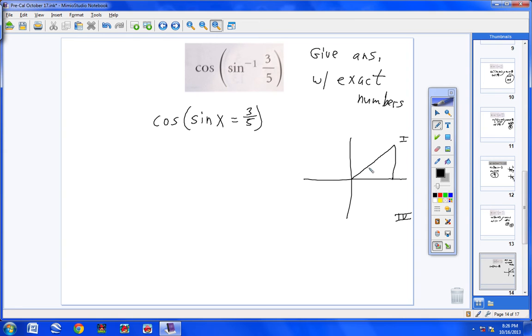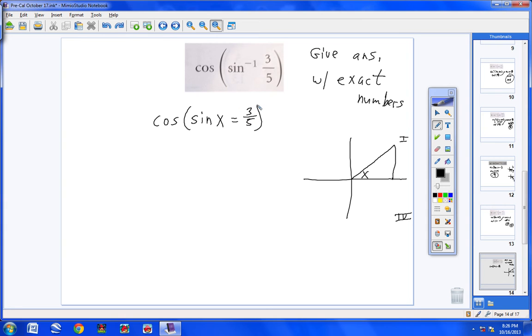Now, watch this. I have no idea what this angle x is, and I admit that. I'm going to put x right here. I don't know what that angle is, but that's okay. Who cares? Sine of x equals what? 3/5.